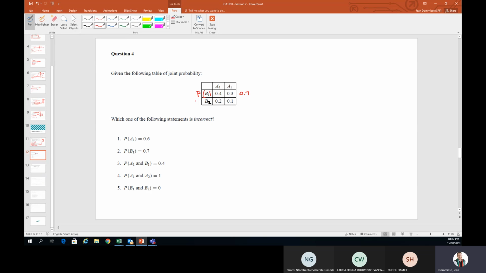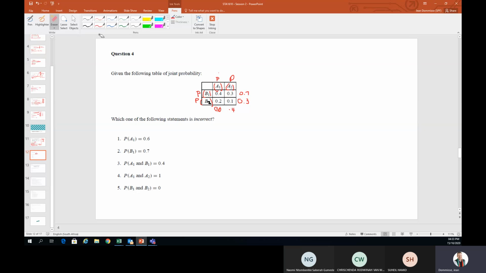So the probability of B2 is those two added, so it is 0.3. Then the probability of A1 is those two together, so it's 0.6. The probability of A2, those two together, is 0.4.